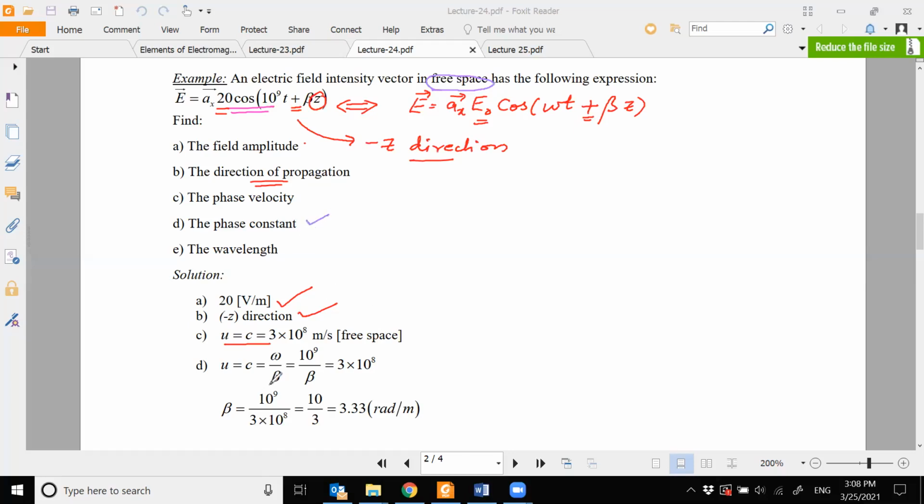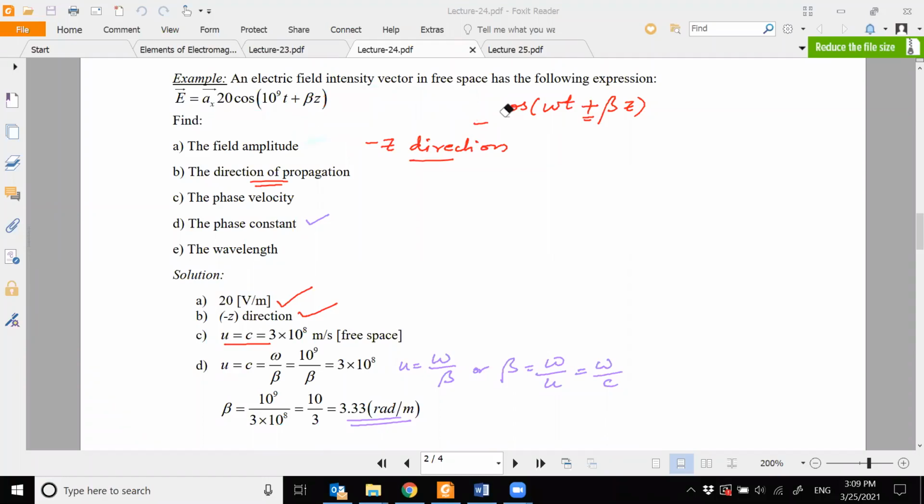The phase constant: u is omega over beta, or beta is omega over u, or in the free space it is omega over c, and that will be 3.33 radians per meter.